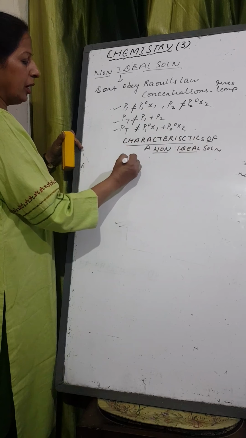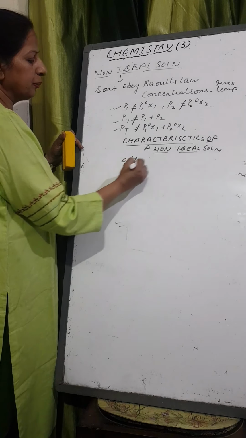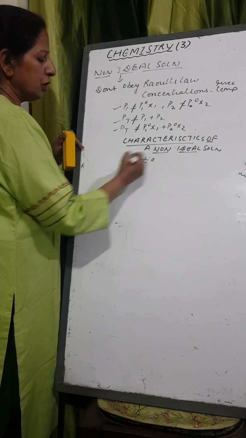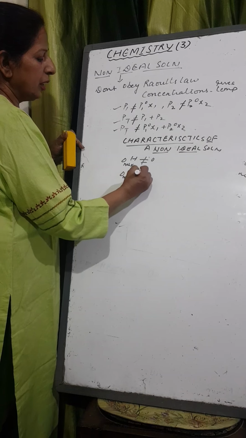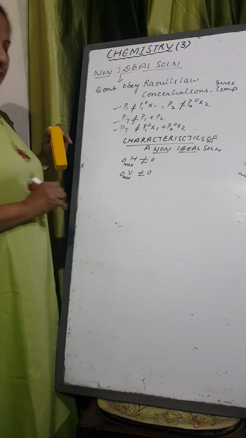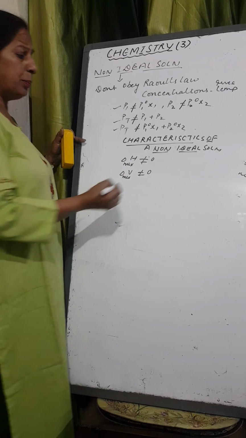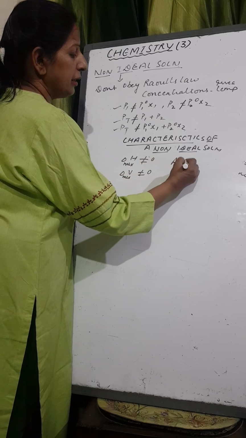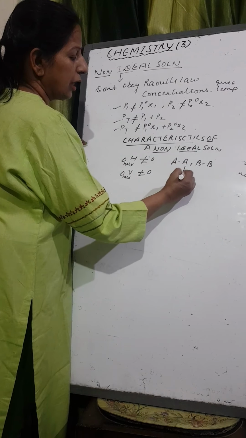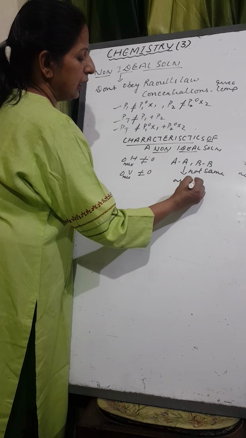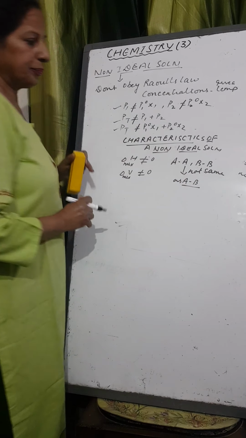Here, enthalpy of mixing does not equal 0 and volume of mixing does not equal 0. The reason being simple: the AA interactions and the BB interactions are not the same as the AB interactions.